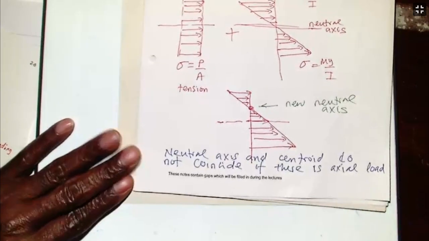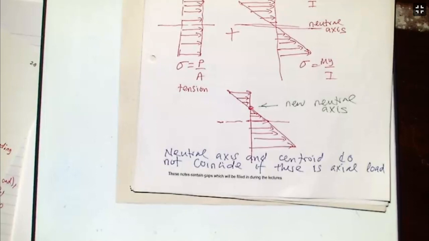So if you are applying a load along the length of the beam, then your neutral axis and the centroid are not at the same point. But if there is no axial load applied, then your neutral axis and centroid will be at the same location, provided the cross section is a symmetric one. Okay.